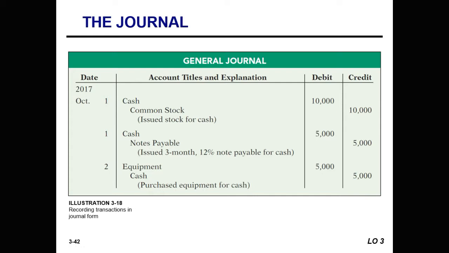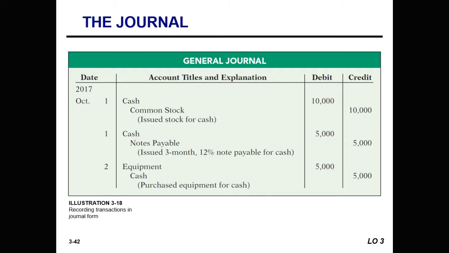First, it is absolutely paramount that you use the correct account titles when we are journalizing, because we take the information from the journal and we then transfer it to the ledgers. The wrong account name in the journal will result in posting to the wrong ledger, leading to erroneous financial statements.